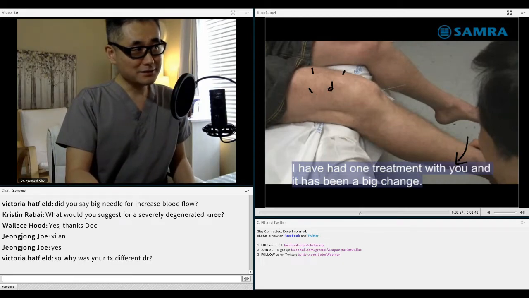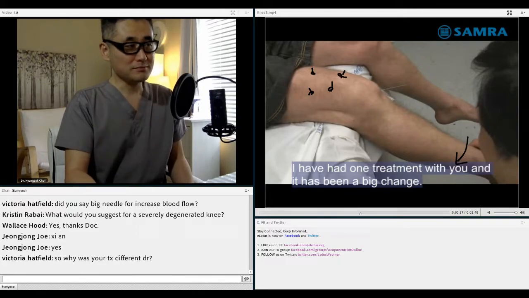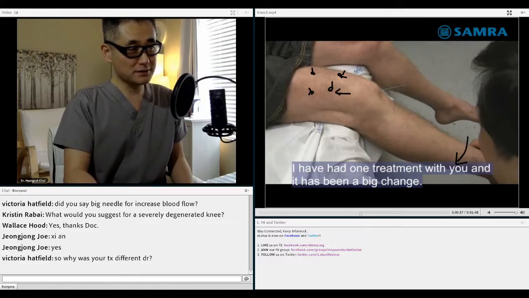That is the knot, and that is not good quality muscle. So I'm releasing those knots and giving more sensation to our brain. This is isometric exercise. The muscle is tightened and you are resisting it. So with the needles in a joint and with the needles on a muscle.